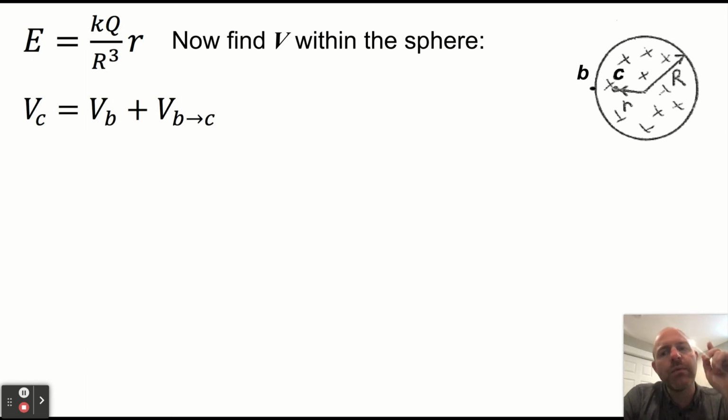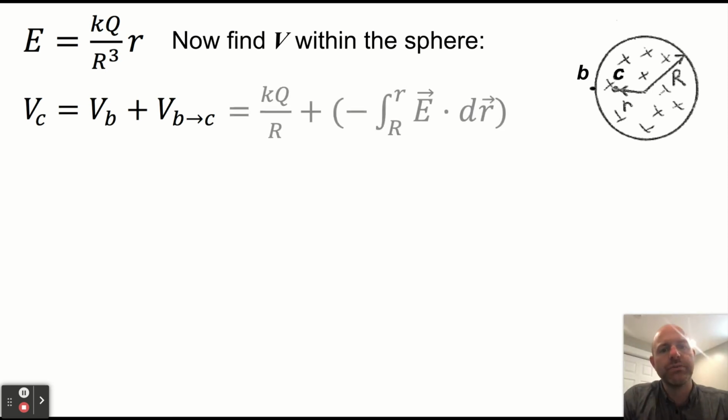So what we're going to do is we're going to say, well, we know the potential at B, and we know that we could find the change in potential between 2 points using another method. And if we could add a potential we know plus a change of potential from that point to the next point, we should be able to solve this. So we're going to start with that KQ over R that we already calculated for point B when you're on the outside.